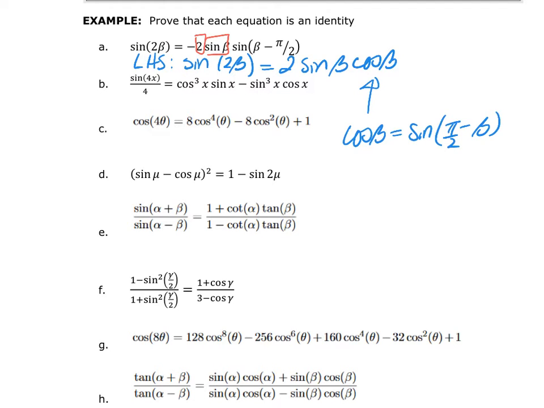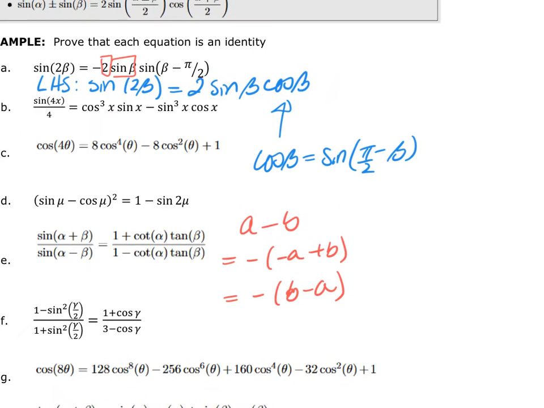What I want is beta minus pi over 2. And I have this rule that says if I have a minus b, this is equal to a negative a plus b, which means this is equal to a negative b minus a. Knowing that, up here I have 2, the sine of beta, the sine of the negative of beta minus pi over 2. But sine, is that odd or even? Odd.